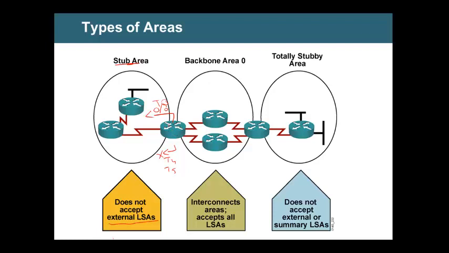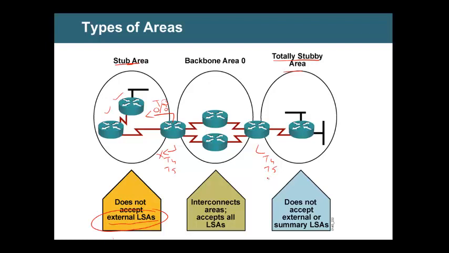When you configure it as a totally stub area, not only are type 4 and 5 denied, along with that, type 3 is also not allowed. Type 3 brings the other area networks, right?